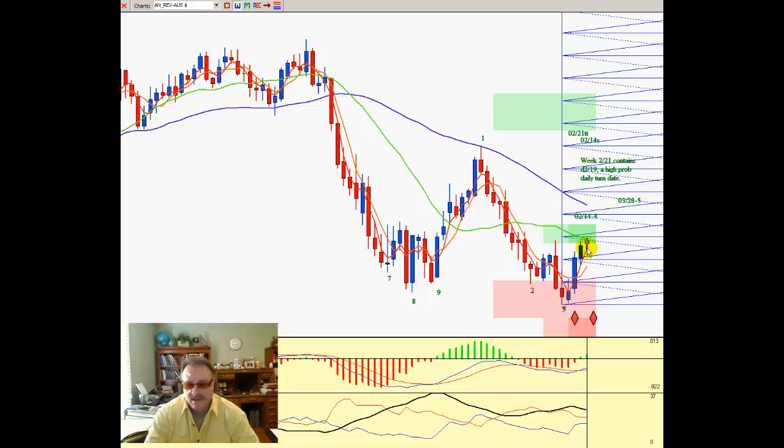Okay, the week ending 2/21 is a high probability weekly swing top. And if you're not familiar with the terms swing top, swing bottom, and so forth, these are things I learned from my study of Gann back in the 90s.